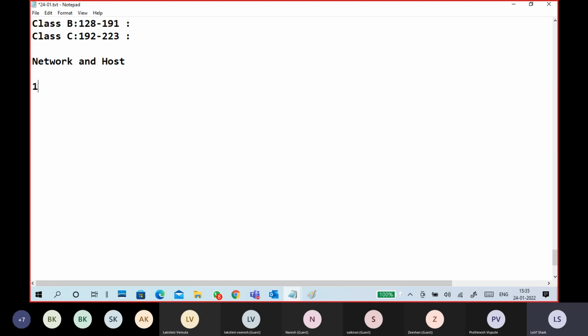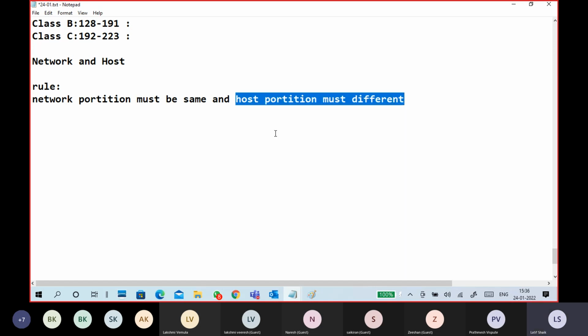Here it is, guys. Here is the first rule. Follow this rule so you can understand networking. The network must be the same, meaning the network ID or network portion must be the same, and the host portion must be different. The host portion is the second condition, but the first condition is that the network portion must be the same.